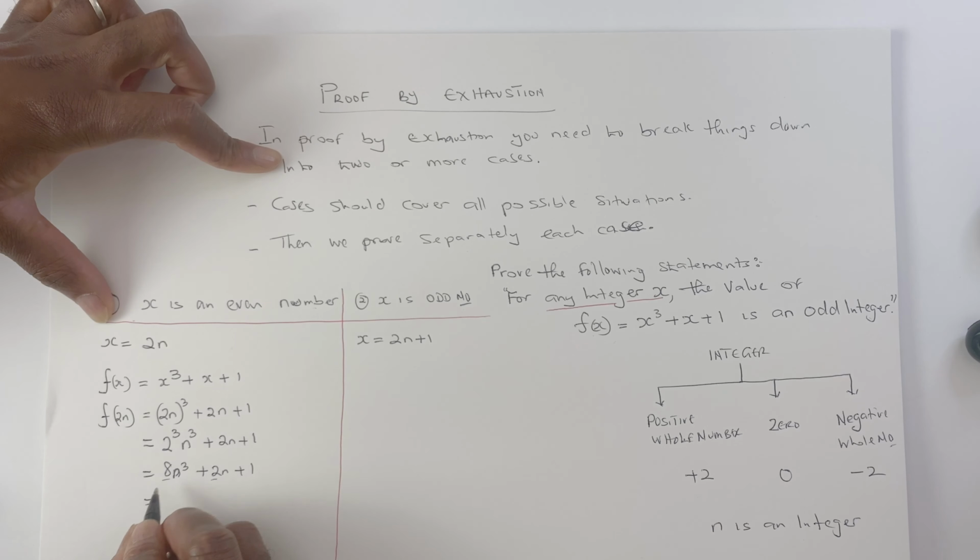If I take 2 out, I get 2 times (4n cubed plus n), plus 1.